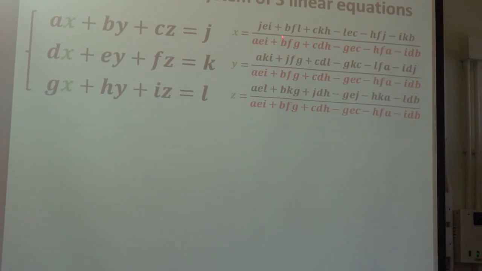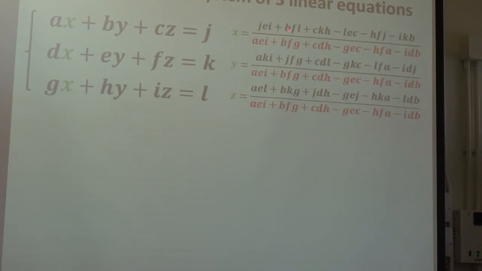Now, can you see J, E, I? Let's take a look at J, E, I. Remember that J, K, L, if we do the same thing as what we did in 2 by 2, J, K, L replaces A, D, G. Am I right? So here is J, E, I. Is that the same?